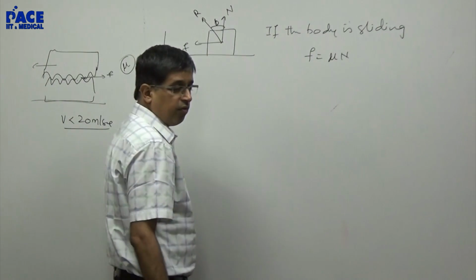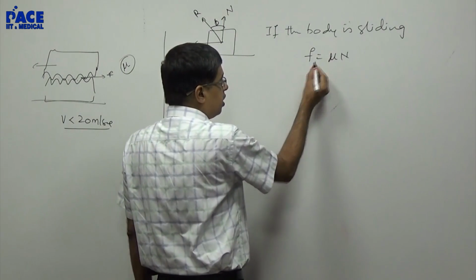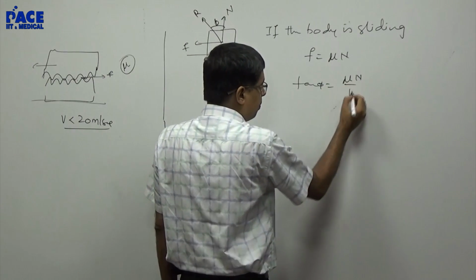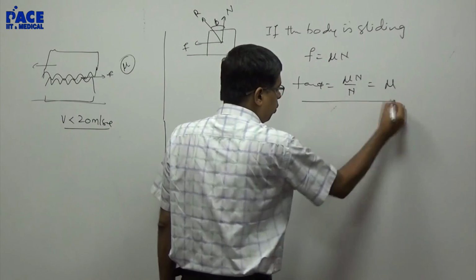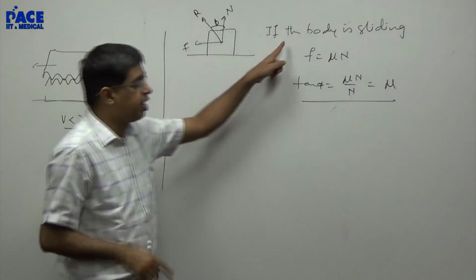Frictional force can be any value between 0 to mu n. Now once the body is moving, tan phi will be mu n upon n. This will be mu. Tan phi will be equal to mu only if the body is sliding.